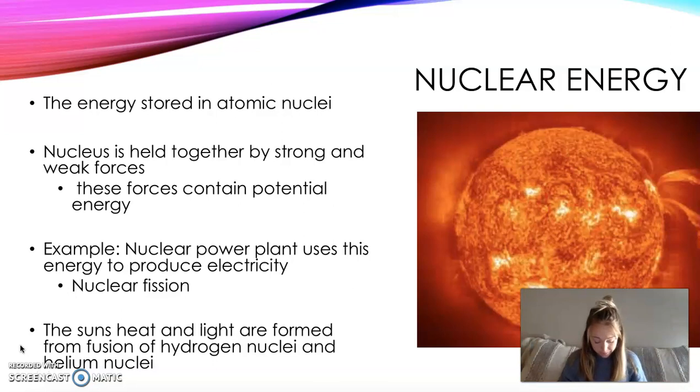The second type of nuclear reaction is nuclear fusion, and it releases energy when less massive nuclei combine to form a more massive nucleus. An example is the heat and light of the sun, which are produced by the fusion of hydrogen nuclei into helium nuclei.